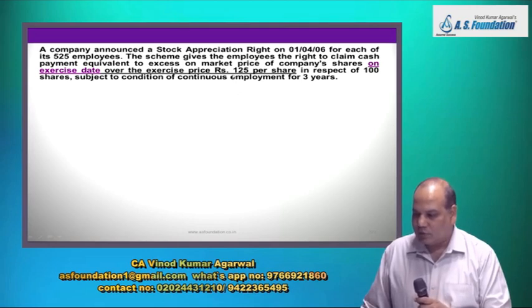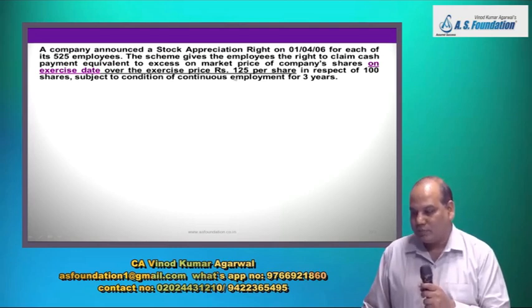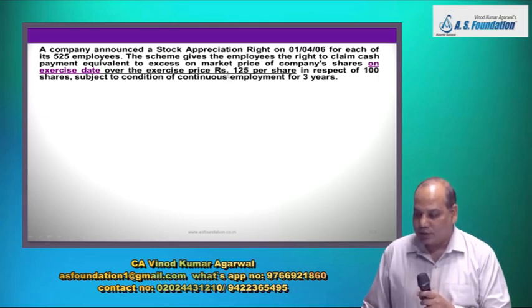So in this example, what is the amount of cash paid? Difference between market price and 125 rupees. So he is entitled to receive cash if the market price exceeds the exercise price.